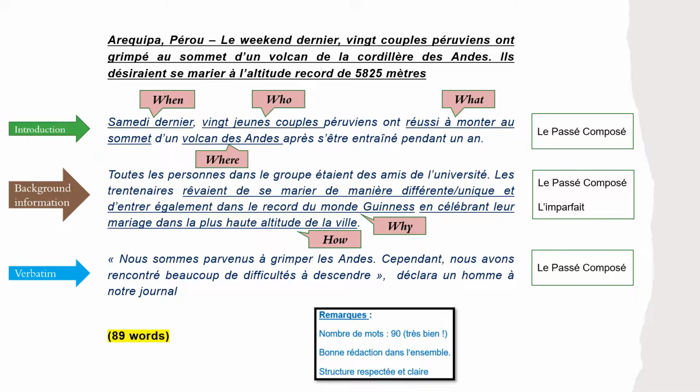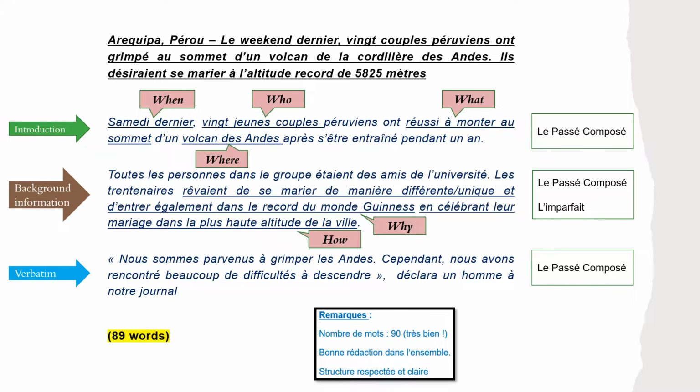Then I have to give the background of why this actually happened. So in the background, I'm saying, toutes les personnes dans le groupe étaient des amis de l'université. Les Tontenec rêvaient de se marier de manière différente, unique et d'entrer également dans le record du monde Guinness en célébrant leur mariage dans la plus haute altitude de la ville. So in the background information, I'm just saying that those 20 couples climbed up to the highest altitude. Why?